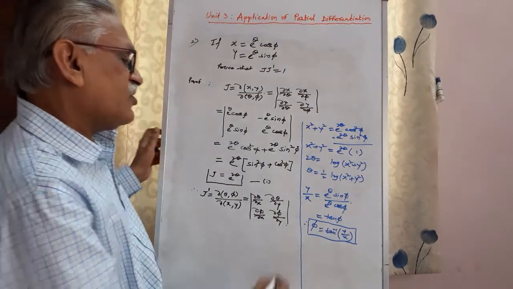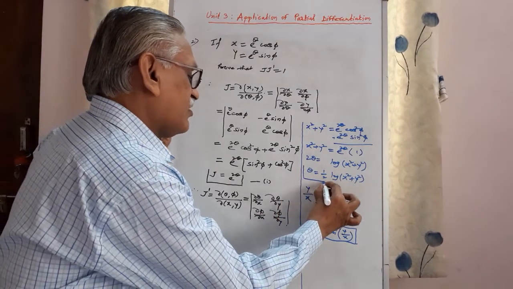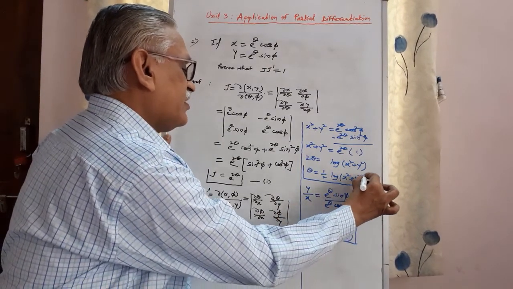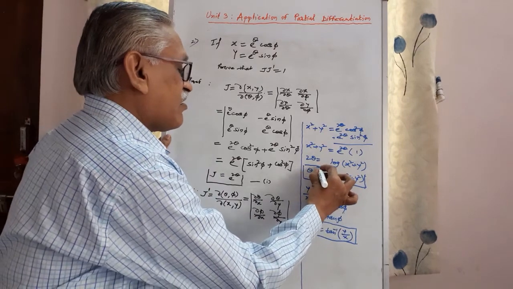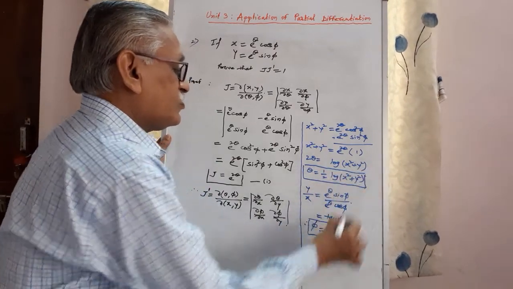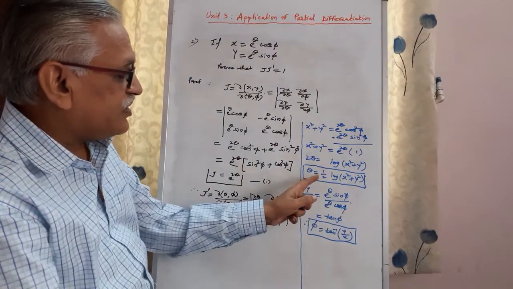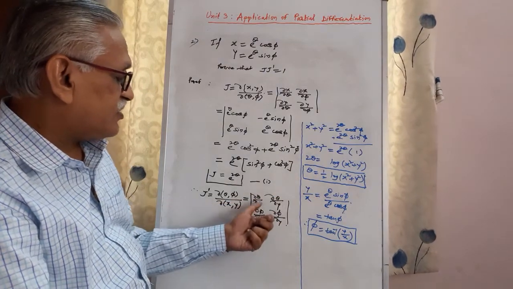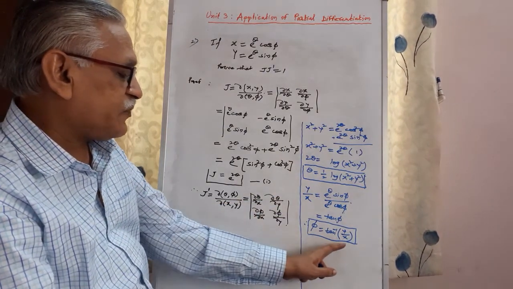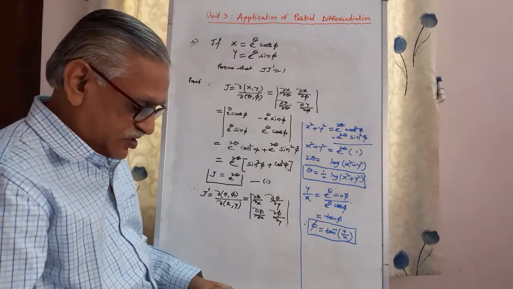Okay. Therefore, we obtain this required theta and phi in terms of x and y. Then differentiate this with respect to x y to get these two values.